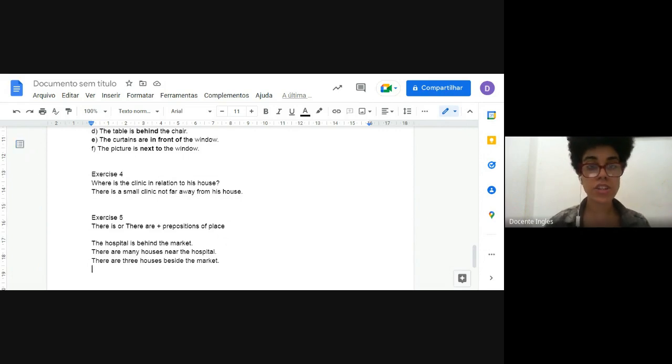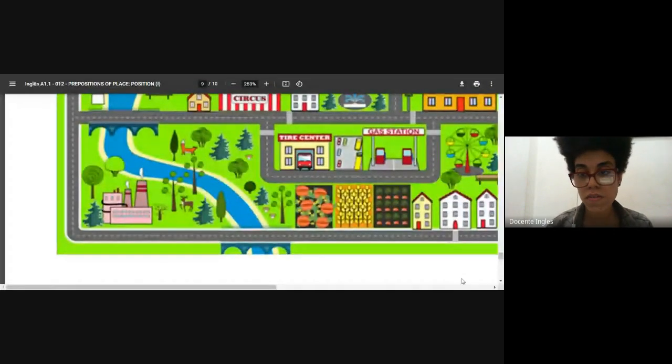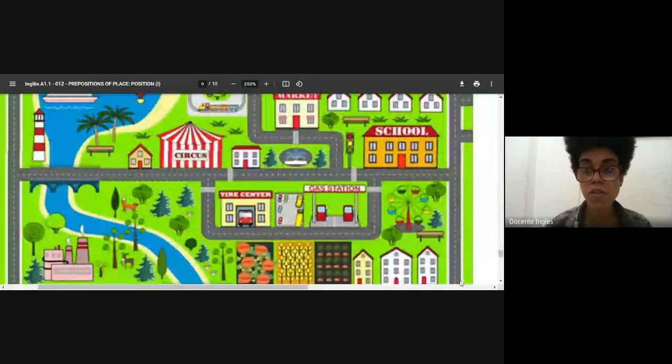The gas station. Let's work with the gas station. The gas station is in front of, I don't know, what is it here? Let's see. No, the gas station, no, this school. School is, let's see where the school is. Where's the school? Oh, the school is here.